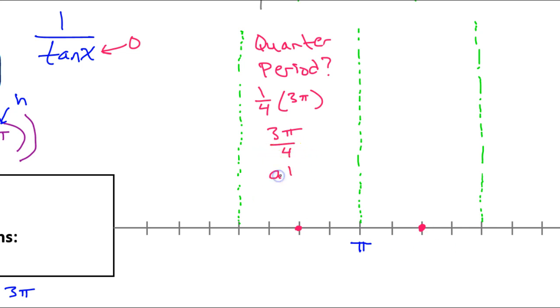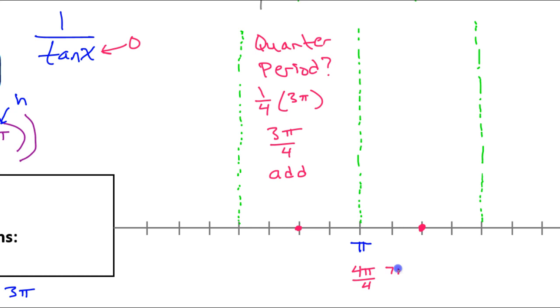So I am going to add 3 pi over 4. Now, how do I add 3 pi over 4 to pi? Well, it would be helpful if I had like denominators. Pi is the same thing as 4 pi over 4. So now if I add 3 pi over 4 to 4 pi over 4, I get 7 pi over 4.